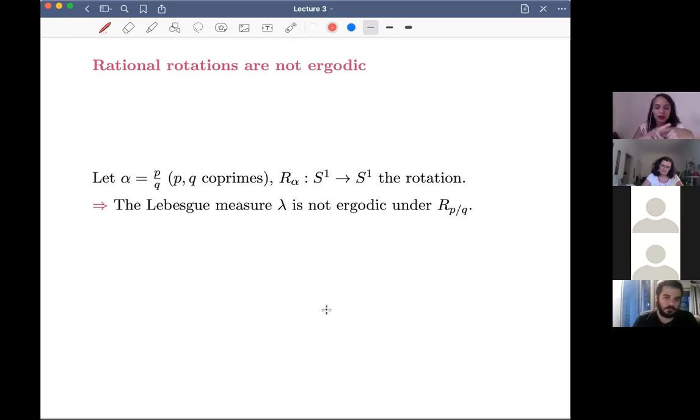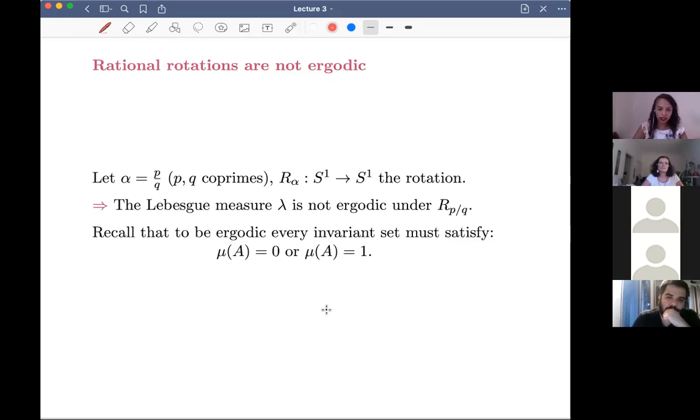They are coprimes. So you consider the rotation, and Lebesgue is not going to be ergodic. Well, recall that to be ergodic means that any invariant set has either measure 0 or measure 1. That's ergodicity: measure 0 or measure 1 for each invariant set.